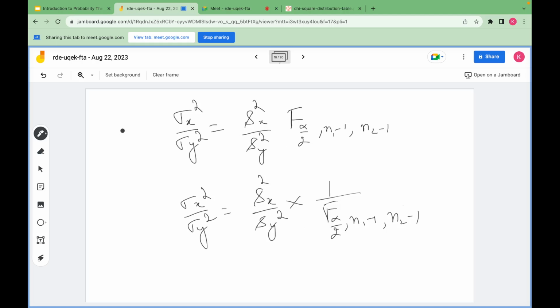By this we will get the upper bound, and by this we will get the lower bound. This is when we are dividing it by this test statistic value, and when we are multiplying it with the test statistic value.